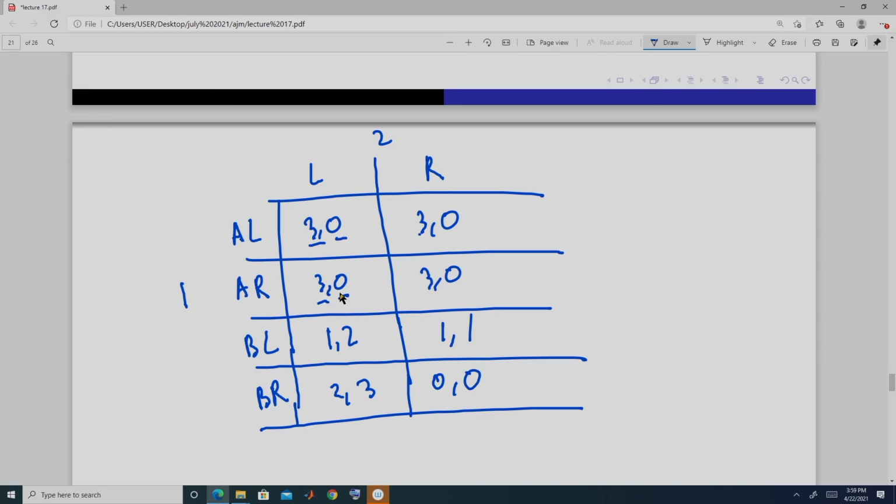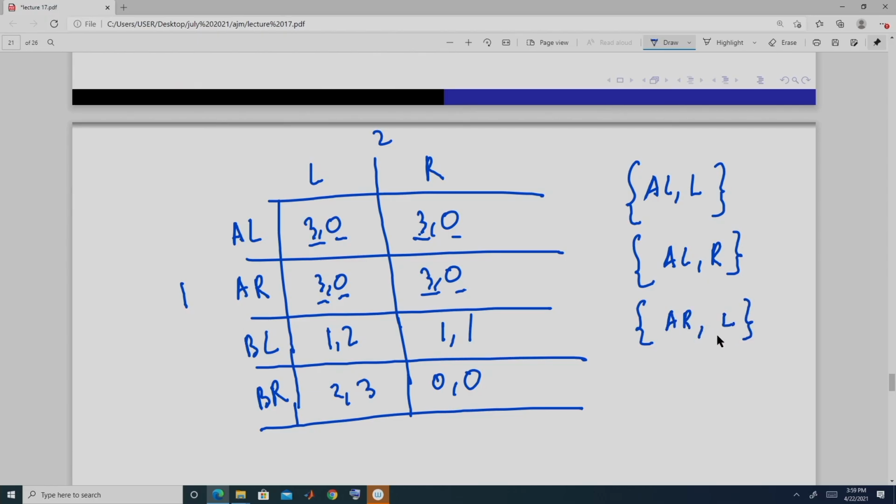So, this is a Nash equilibrium, and again these are Nash equilibria. All these are Nash equilibria, but are all of them subgame perfect?